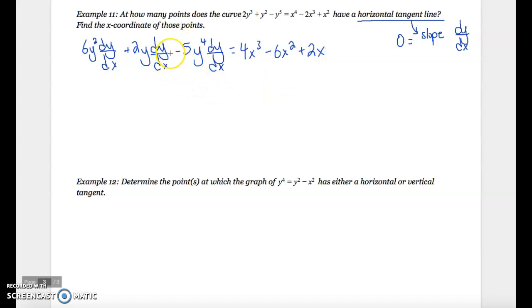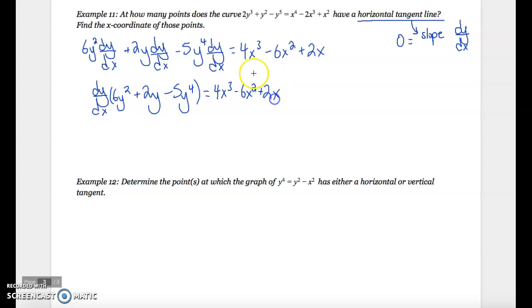All my dy/dx's are already on one side of my equation, so I'll pull that out as the greatest common factor. So dy/dx times (6y squared plus 2y minus 5y to the 4th). Nothing changed on the right-hand side. And so now I can divide both sides by that.